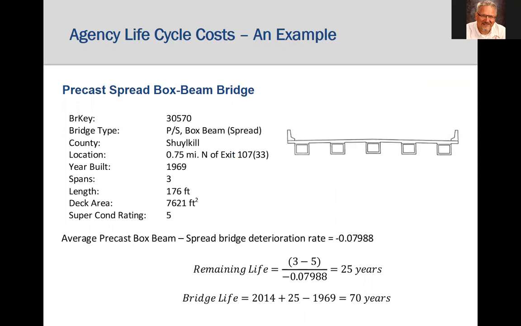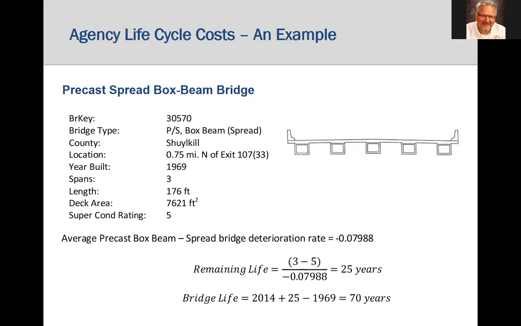We will look at a life cycle analysis of an example bridge to demonstrate the work of the study. This bridge is a precast spread box bridge built in 1969 with 3 spans and a deck area of 7,600 square foot.